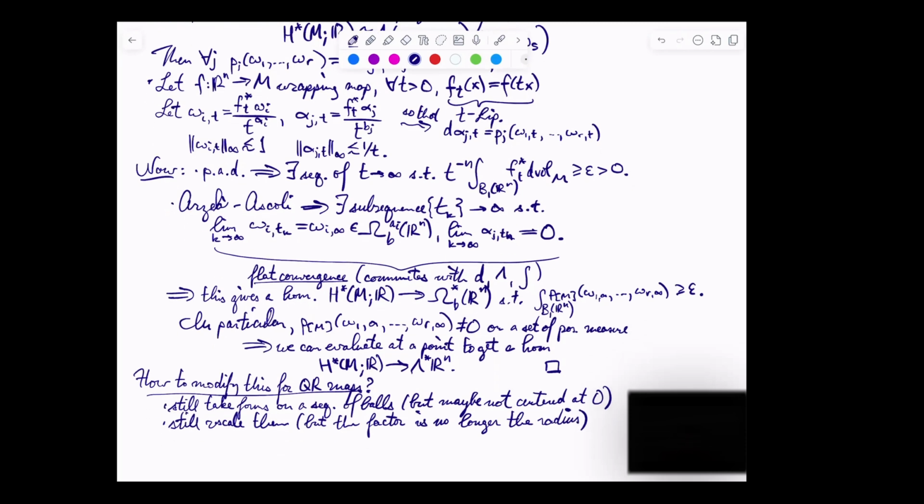And then you still take a limit, but it's no longer an L infinity limit, it's an L^p limit for some finite p. And that forces you to do somewhat more work.